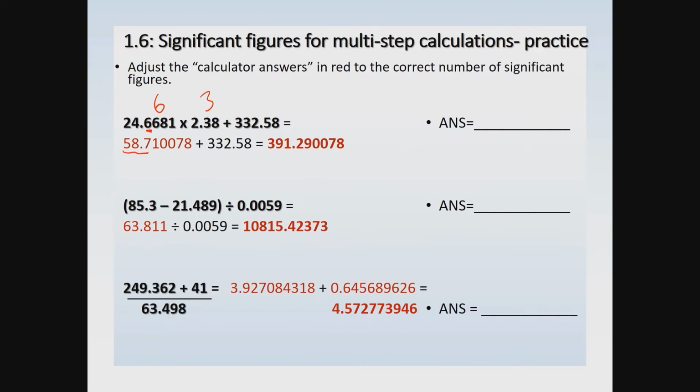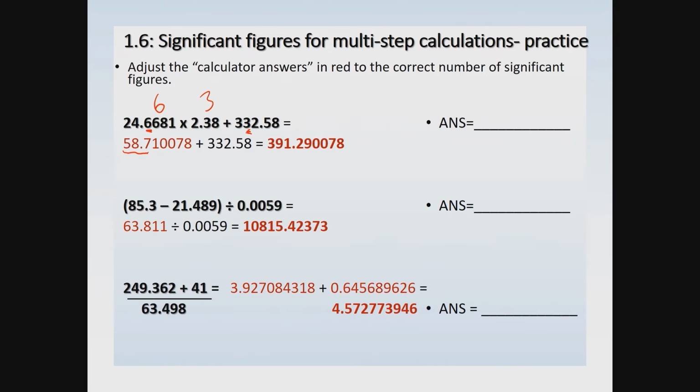So in 58.710078, there are 3 numbers that are significant, but the 7 is the uncertain digit. With 332.58, where is the uncertain digit? It looks like the 8 there is the uncertain digit. So we have an uncertain digit in one measurement in the 10th place. We have it in another measurement in the 100th place.